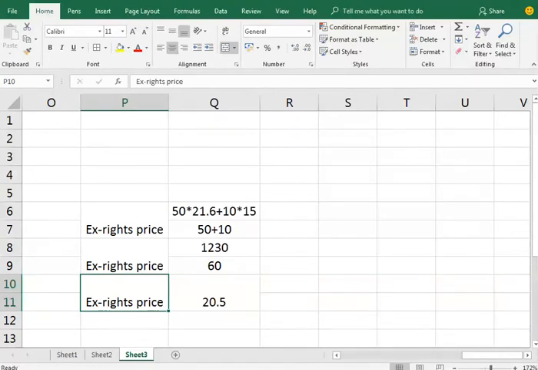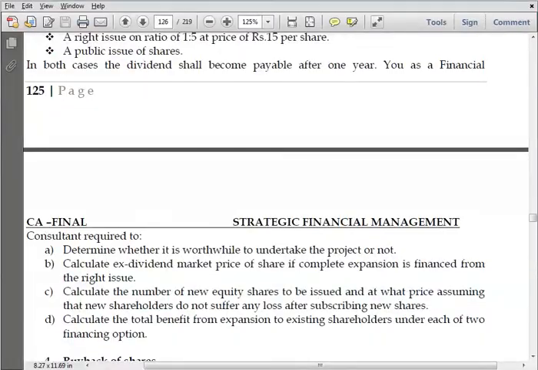The investor does not want to suffer any loss post subscribing to the public issue.